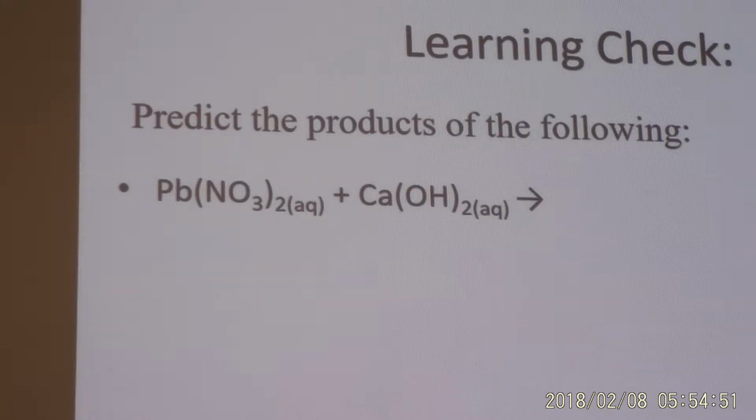So you decided that there's no chemistry on that one? Okay, so the products that you predicted were lead hydroxide and calcium nitrate. Now, did you use the solubility rules to determine whether they were soluble or not? Yes. Okay, so which rules did you use?